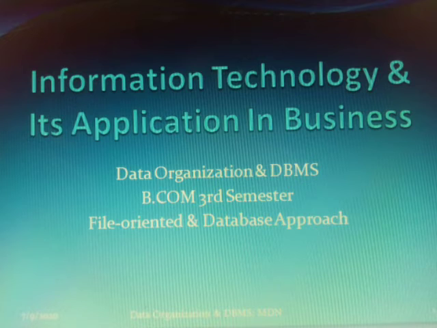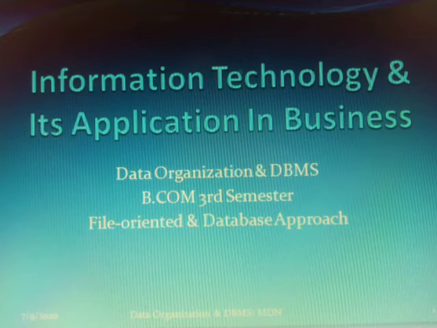So we see that there are three levels: physical level, logical level and external level. From here we can find out why these levels are there and why they help in giving us security in a DBMS.